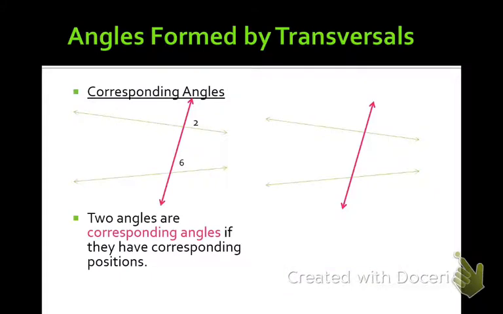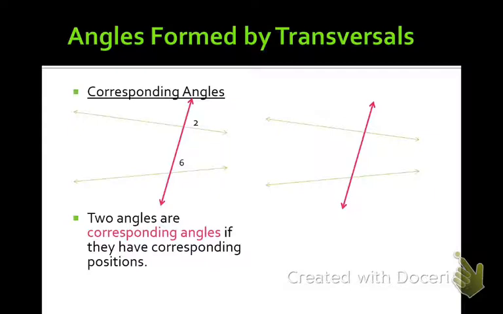Corresponding angles. Two angles are corresponding angles if they have corresponding positions. In other words, if I took this intersection that has the 2 by it and slid it down and put it on top of the intersection below, the 2 would be on top of the 6.